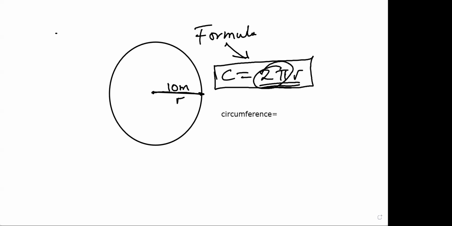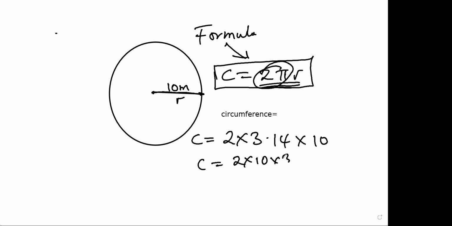First I have to remember the formula, which is 2 times 3.14 times 10, which is the radius. Then we switch it around, which is 2 times 10, which is 20. And then we multiply 20 times 3.14, but we forget about the decimal points. It's going to be 314.